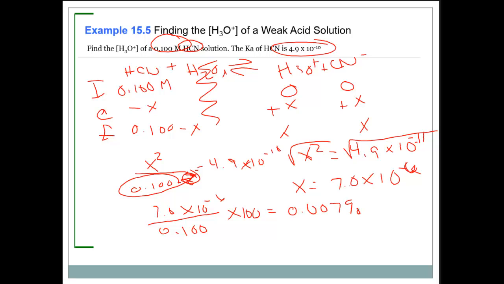So since it's under 5%, we can assume that that assumption was fine, and we can just move on. We don't have to go back and do the quadratic equation.